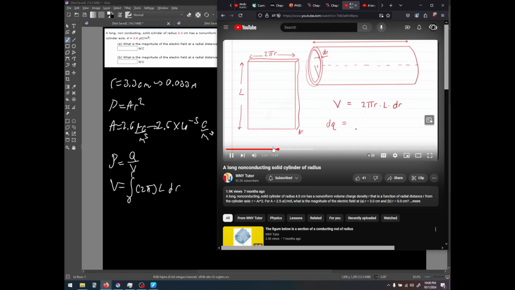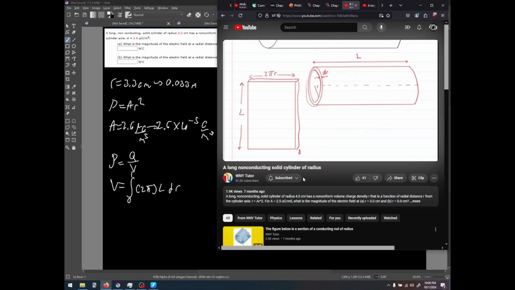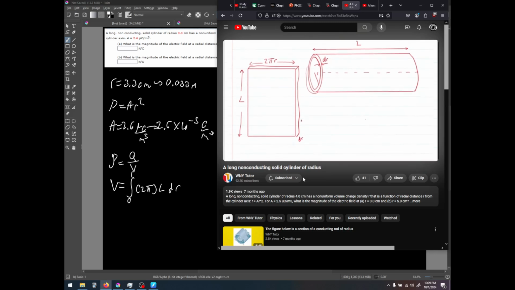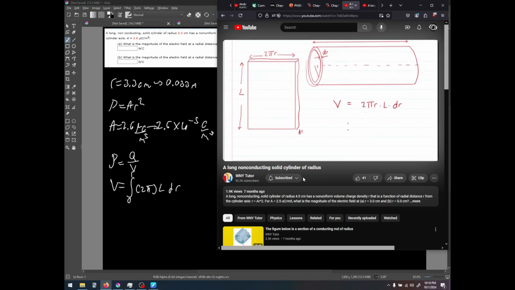Now, that charge is going to equal the volume charge density times the volume of our shell.